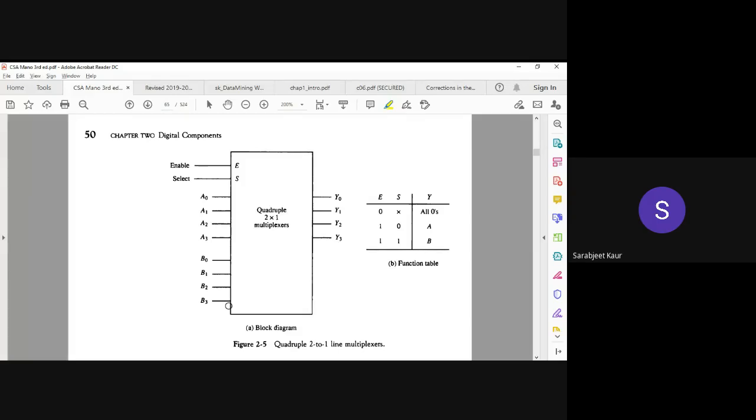What are we going to see? Instead of deploying four 2x1 MUX, if, for commercial usage, I want to integrate them into one, then how can we do that?